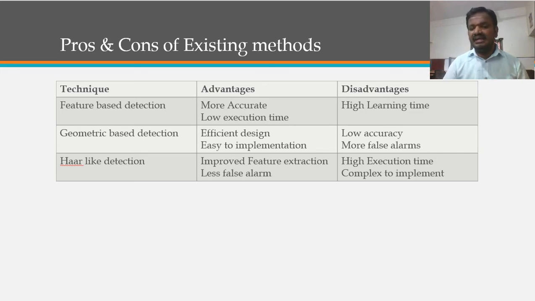Haar-like detection has improved feature extraction and fewer false alarms, but is complex to implement, and it is more popular with respect to OpenCV. We are going to see how Haar-like detection happens and what algorithm is involved to detect the face.